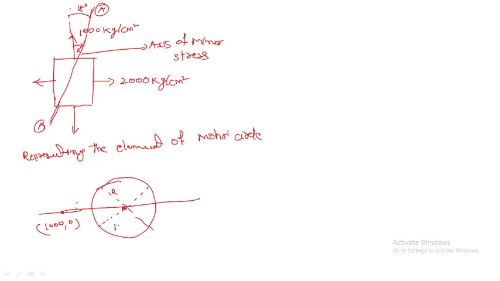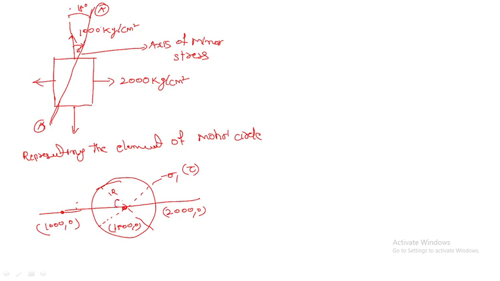So this is the 1500 given in the question also, and this is 2000 comma 0. This value is the normal stress and this is the shear stress, right?